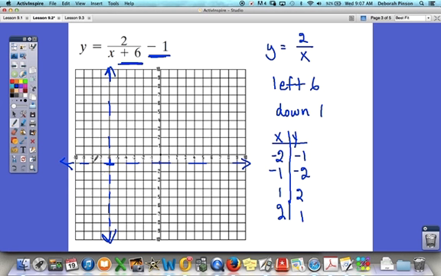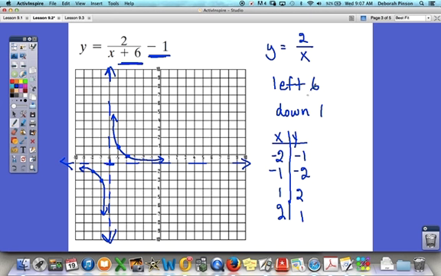So -2, -1, -1, -2. And then make these approach the asymptotes. 1, 2, and 2, 1. And again, approach and approach. And that's my graph.